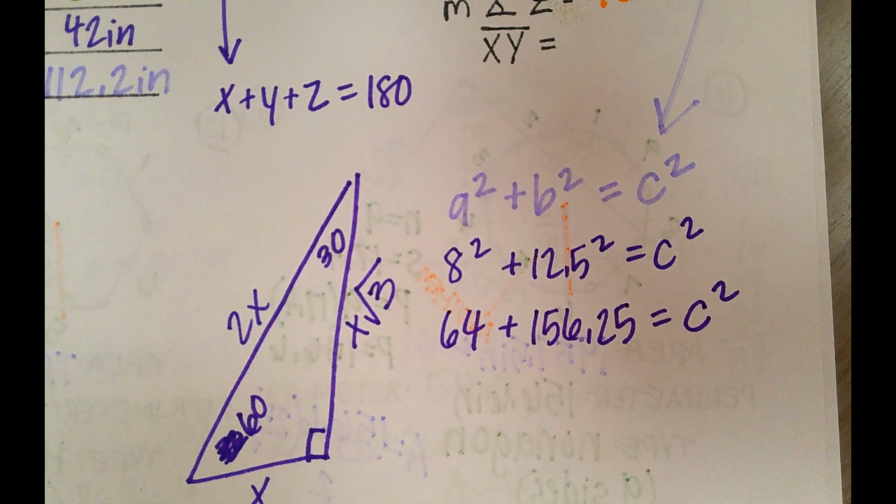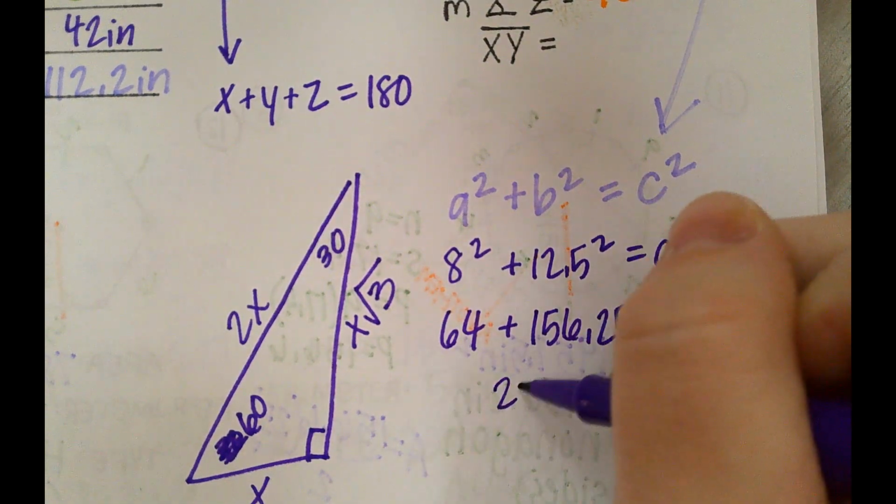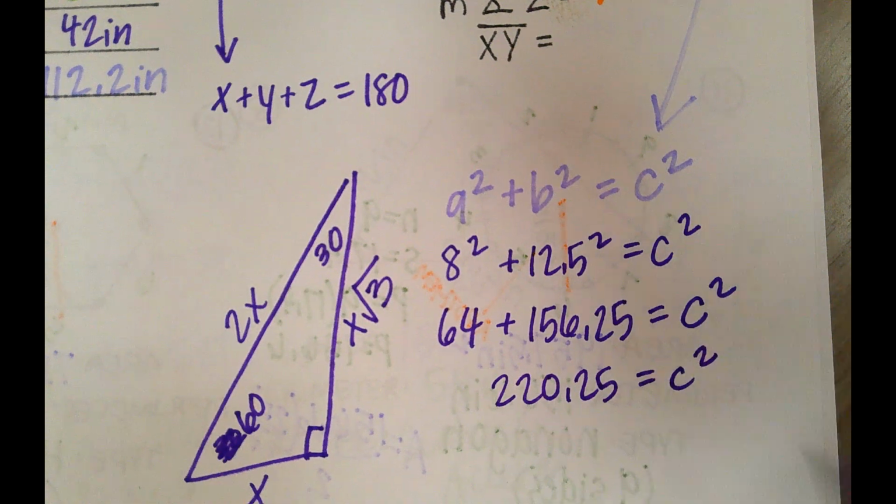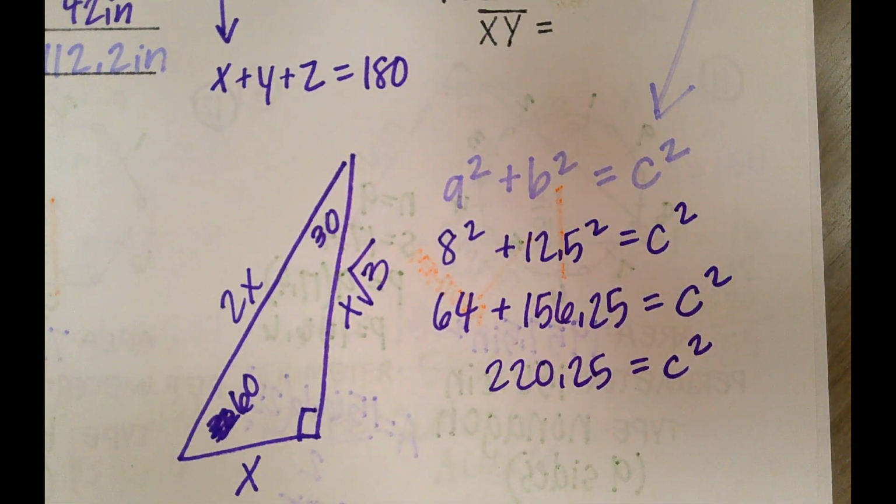Let's add those together. 220.25. Okay, so we got 220.25 equals c squared. I hope when we square that, we get 16.